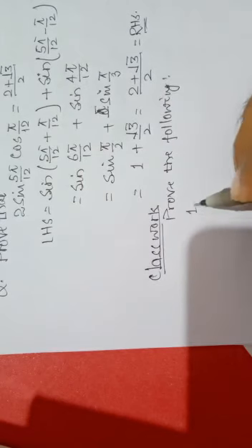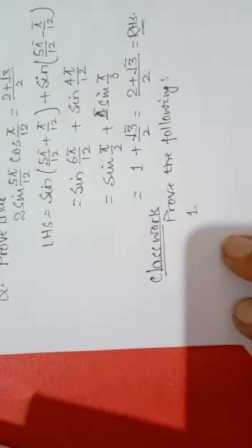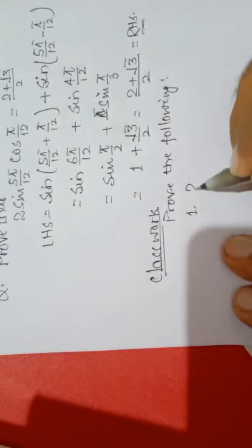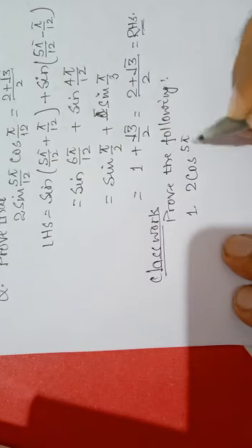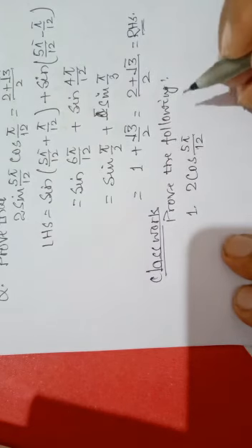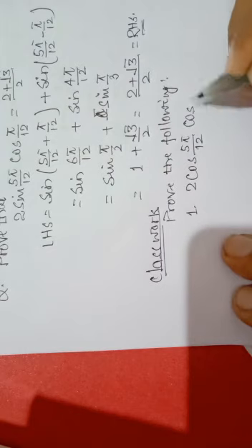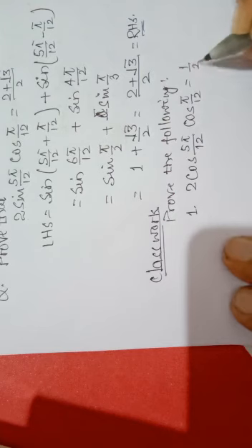First, 2 cos 5π/12 into cos π/12 is equal to 1/2.